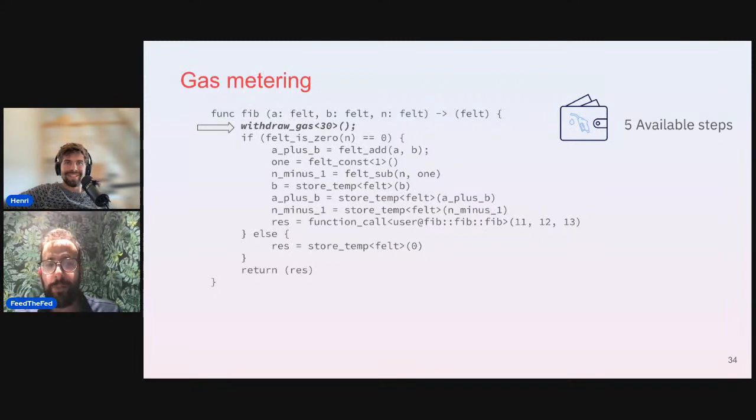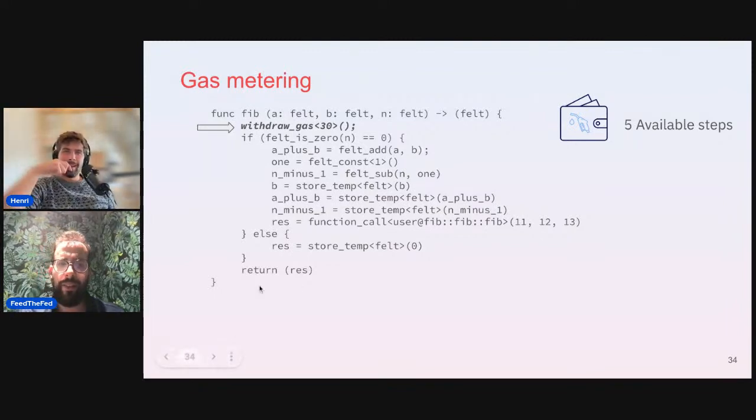That makes pricing very sensitive because this thing compiles to Cairo assembly. If I wrote here withdraw gas 30, and it was okay because a plus b costs 1, initializing a constant costs 2, and so on, these numbers now appear in Cairo assembly. Like this number 30, you would find it in the Cairo assembly of the program, which is being proven.